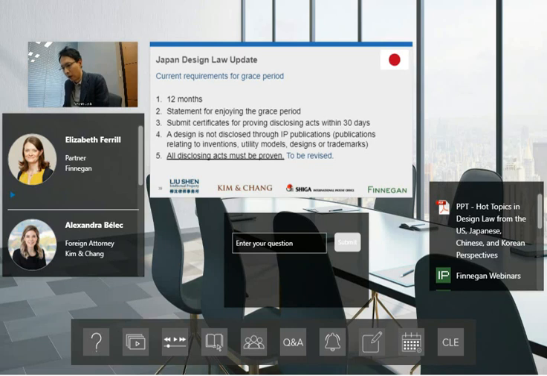Fourth, a design should not be disclosed through IP publications, such as publications relating to inventions, utility models, designs, or trademarks. If a design is disclosed through IP publications, the design cannot enjoy the grace period, even if the other requirements are met. And fifth, all disclosing acts must be proven. And this requirement will be revised. In the following slides, I'd like to explain each of the requirements except for requirement 4.